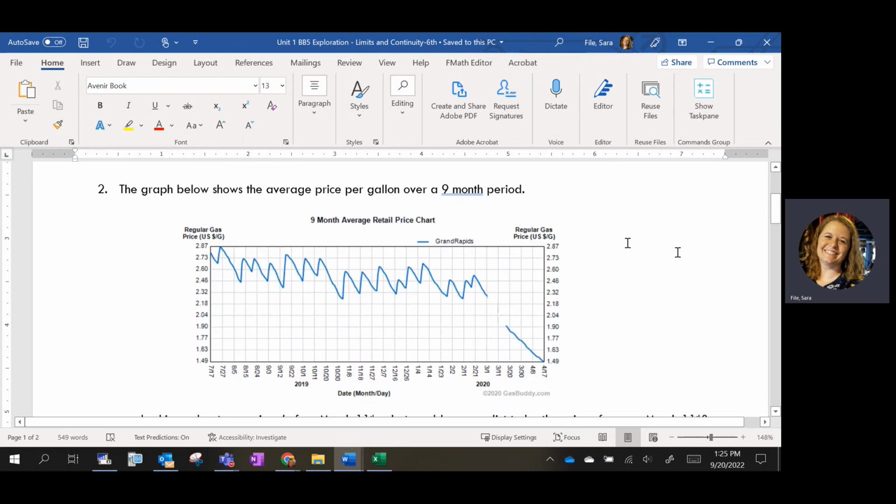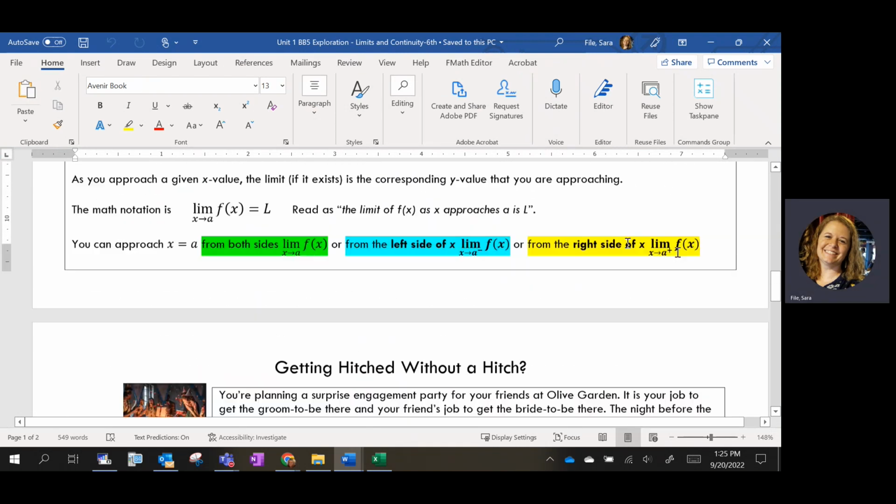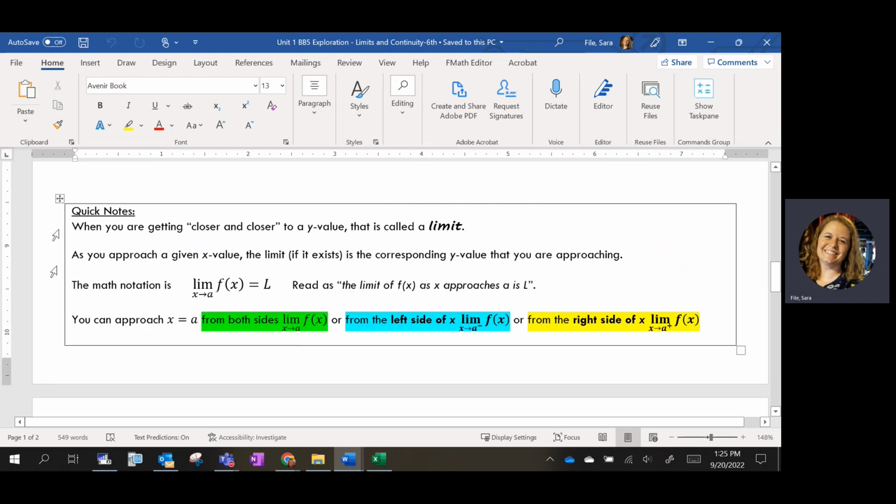Did y'all feel okay with the front side of that? Down here at the bottom, the quick notes are what I was referring to, making sure you understand the notation. The little minus means from the left, that little plus means from the right. Those have to be equal to each other for the limit to exist overall.